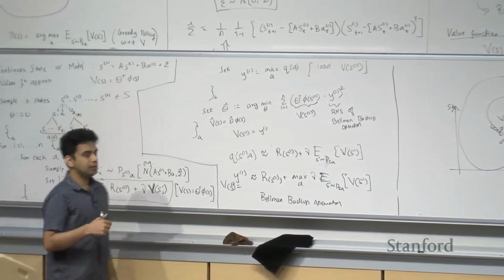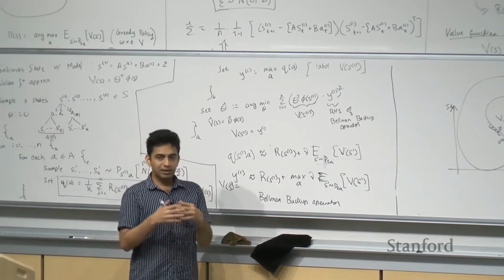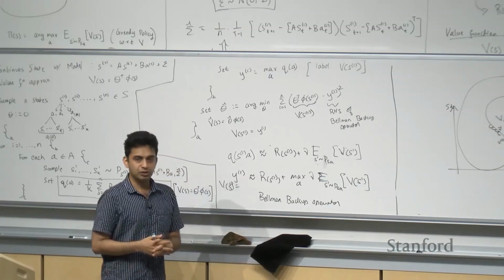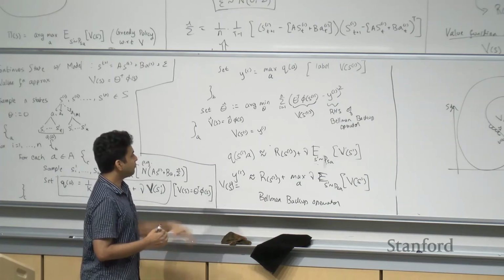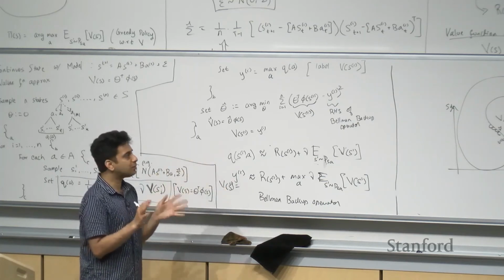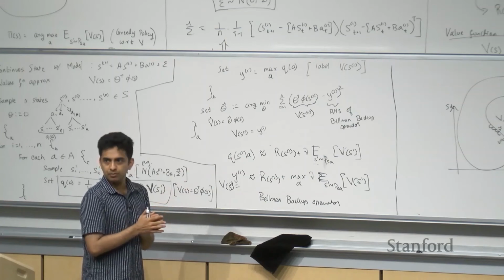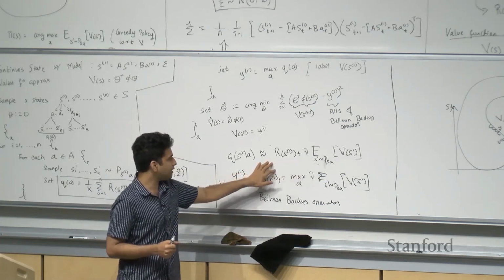Once we are limited to this parametric family of value functions, which we call value function approximation, we define an algorithm which is similar in spirit to value iteration, because we are performing the same kind of updates.